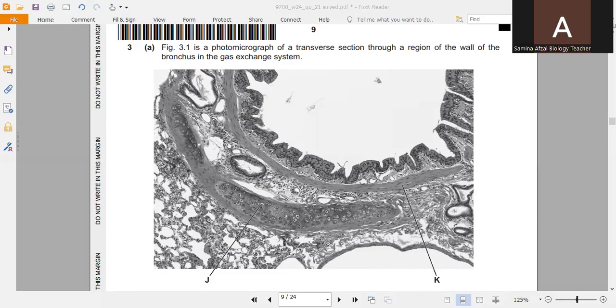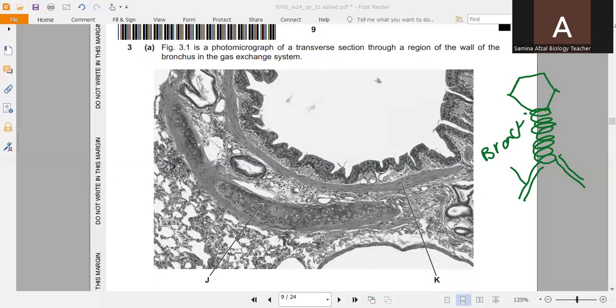And what is bronchus? The trachea is divided further into two bronchi, and then the bronchi further branch or divide into bronchioles.